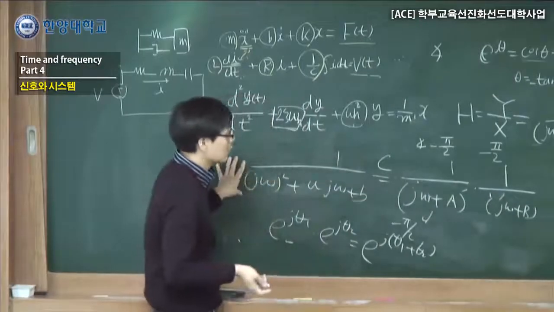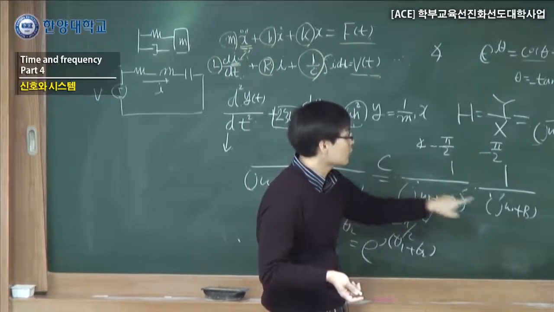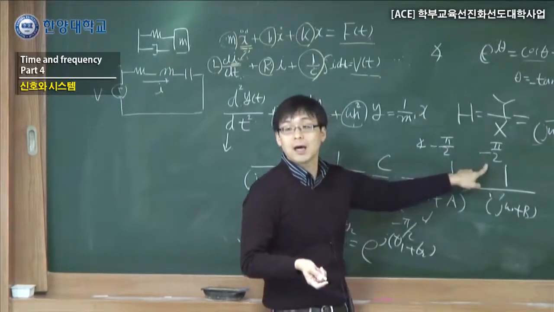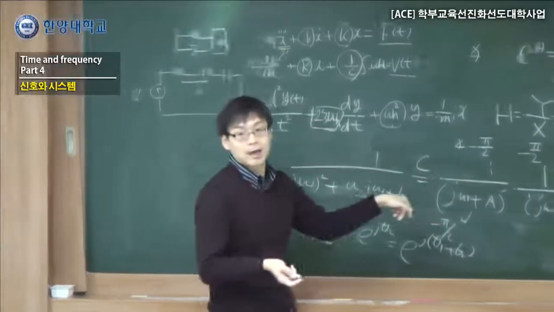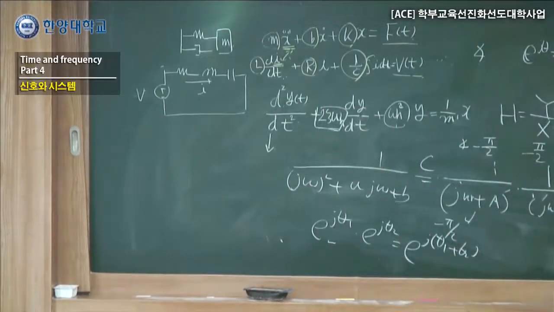So the second order system, we can divide into two first order systems. Each of them drops by half of pi. So if you add them together, in total they drop by minus pi. That's the reason that it looks like they change from 0 to minus pi instead of 2 pi. Because this one, you can think of as two systems.